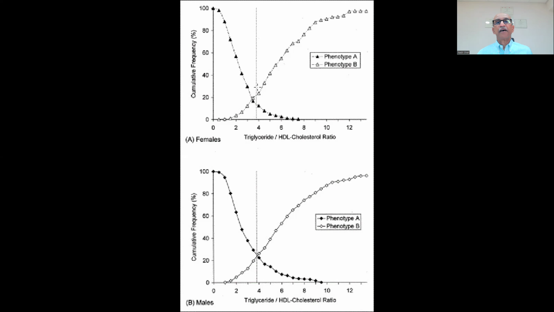So for those folks who don't have the capability of getting the advanced lipid panel, try to keep your triglyceride to HDL ratio 2 or less. If you achieve that, I guarantee you that your small particles will take care of themselves.